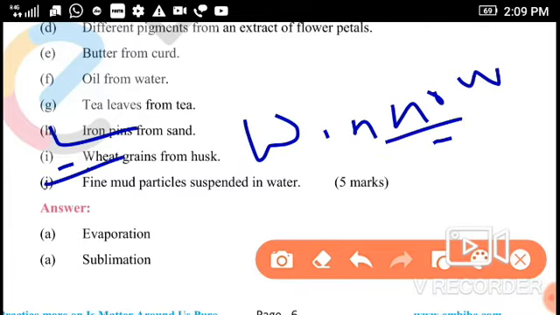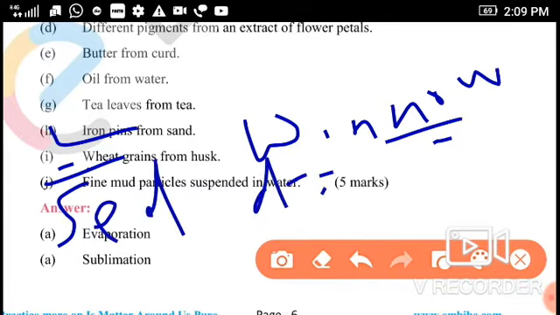Okay, fine mud particles suspended in water, we should use sedimentation and decantation. Means suppose you are taking a glass filled with mud particles, impure water, then keep the glass for 30 minutes, then the denser particles settle down.